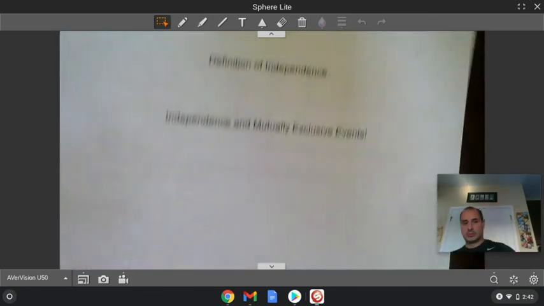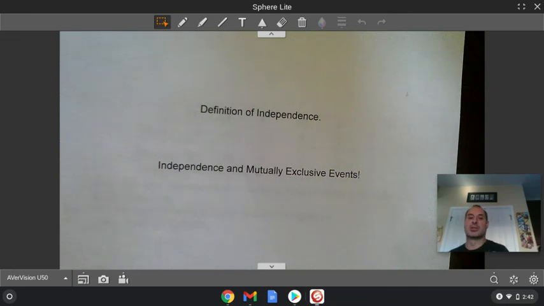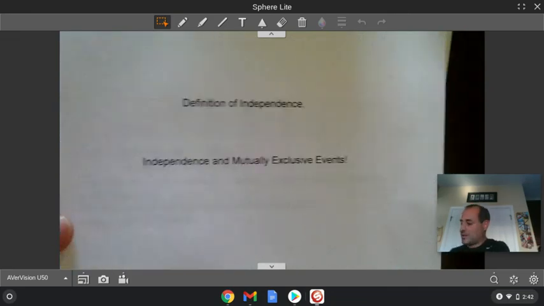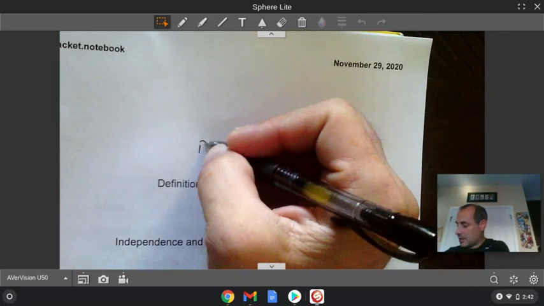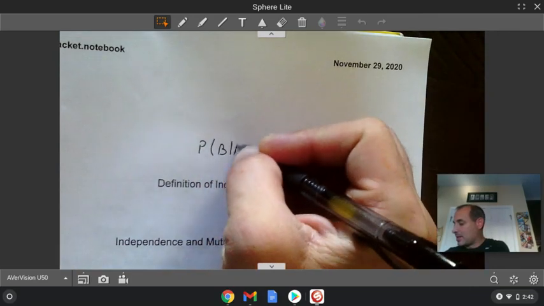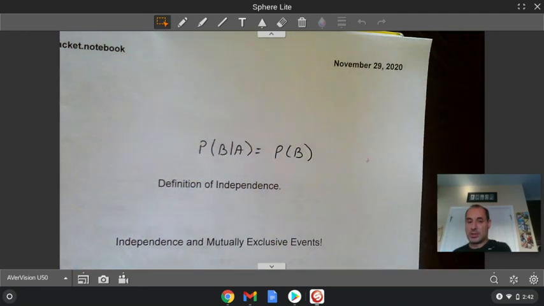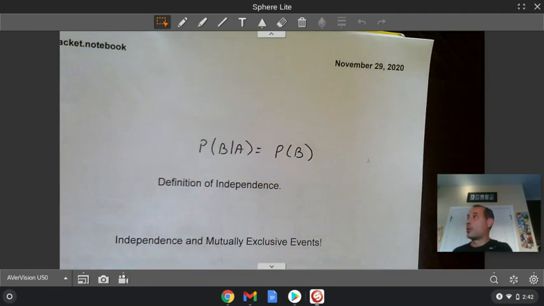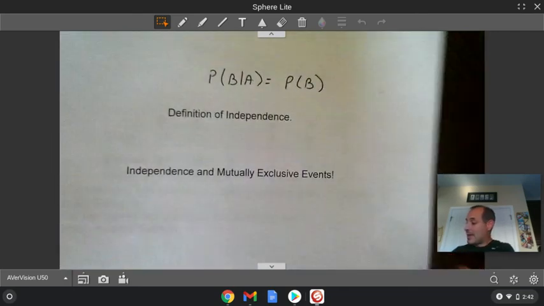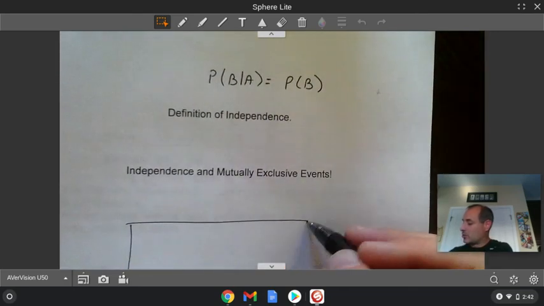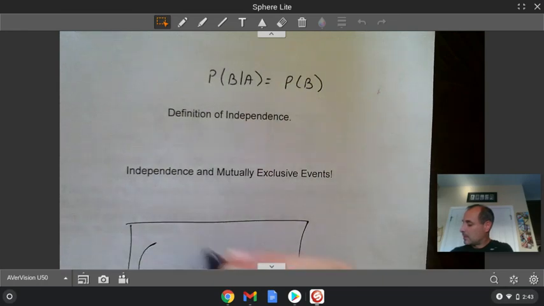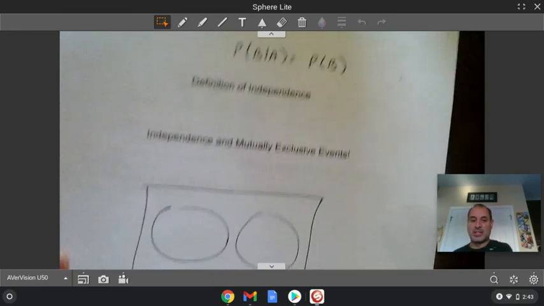Now, to clear something very important up. Definition of independence. Independence means that the probability of B given A must equal the probability of B. Now, if I have two events that are mutually exclusive, A and B, mutually exclusive means they do not overlap.